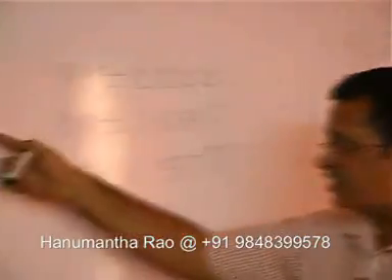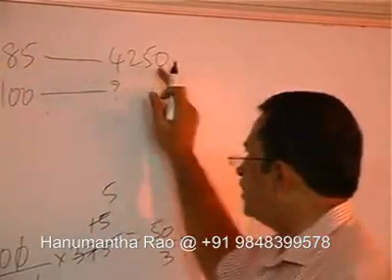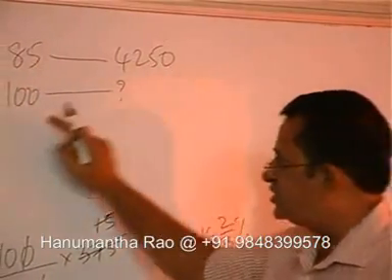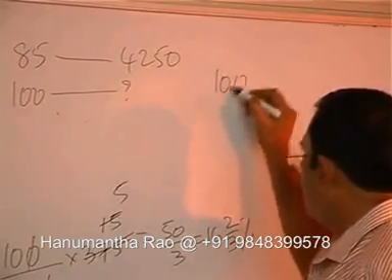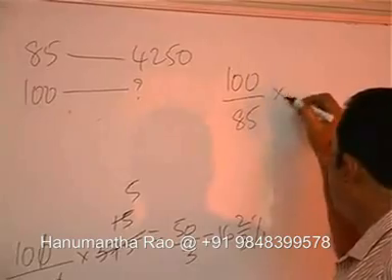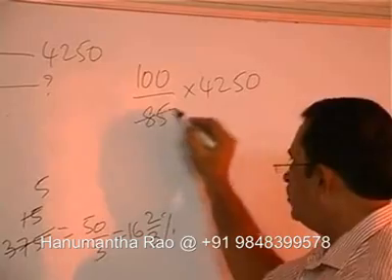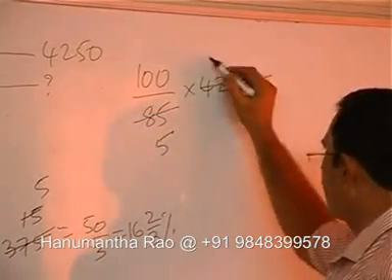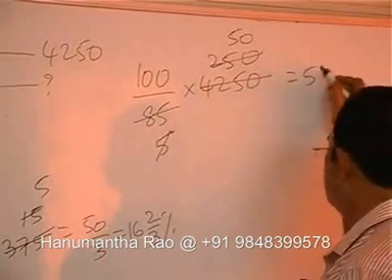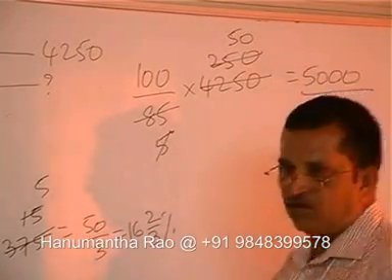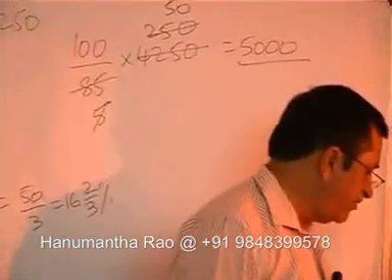Suppose if you are asked in the question what is the discount, you write 15 will be equal to how much. 85 is equal to 4250 means 100 will be equal to how much? It will be more. More by less into 4250. 17 fives, 250s, 50s. So what is the marked price of the article? 5000. Based on the problem we assume 100.